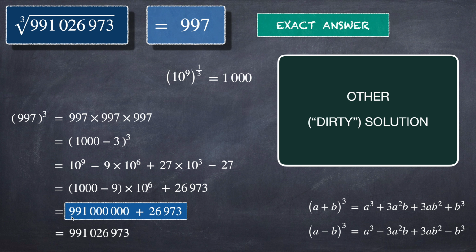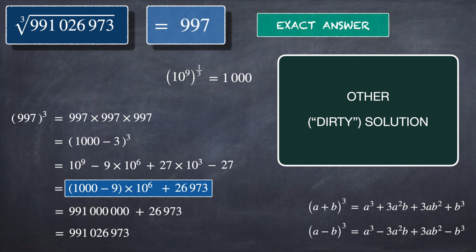Then the procedure is, let's write this number as 991 million plus 26,973. And now you need to be a little bit magic here and recognize that this number is 1,000 subtracted by 9 times a million. And let's repeat this number again.